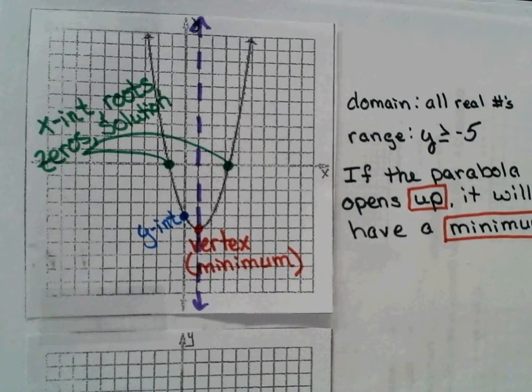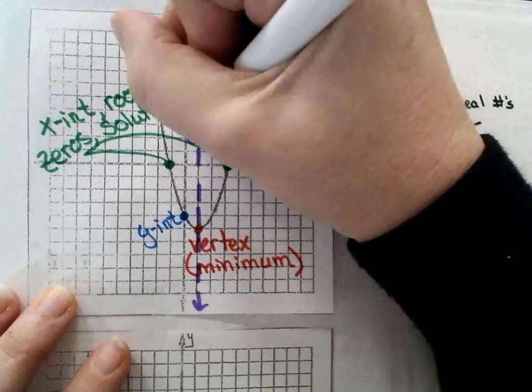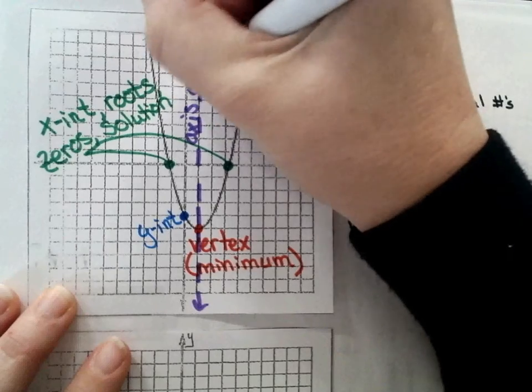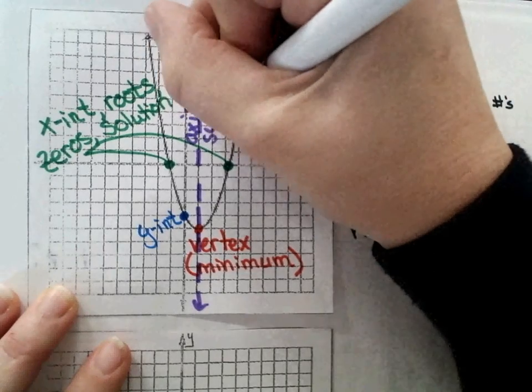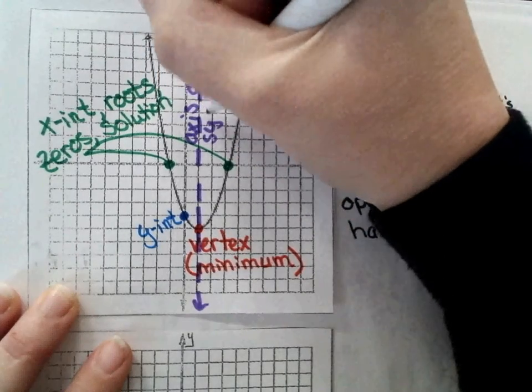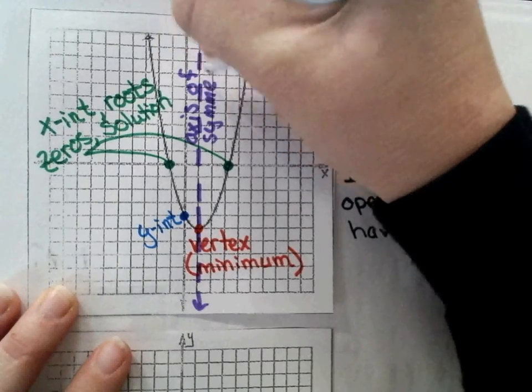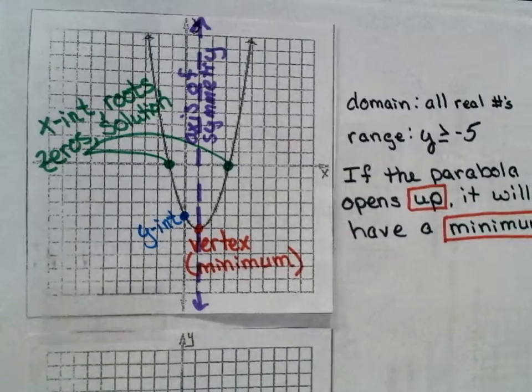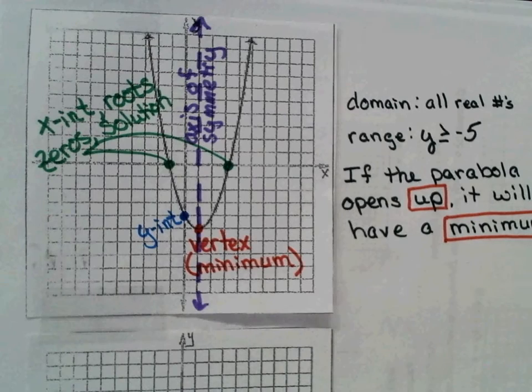Does anybody have an idea of what that purple line that I just drew is called? Okay, it's the axis of symmetry. Sometimes people call it the line of symmetry. We're going to use axis of symmetry because that's how Math Excel puts it.